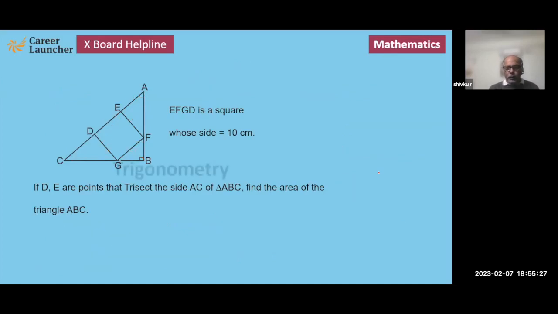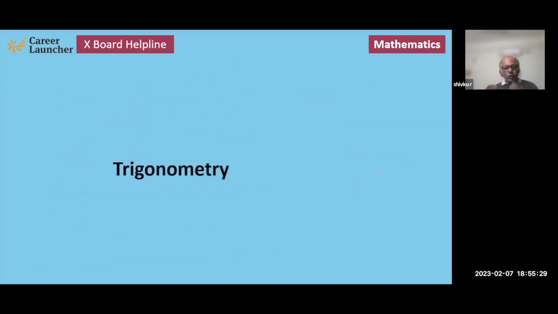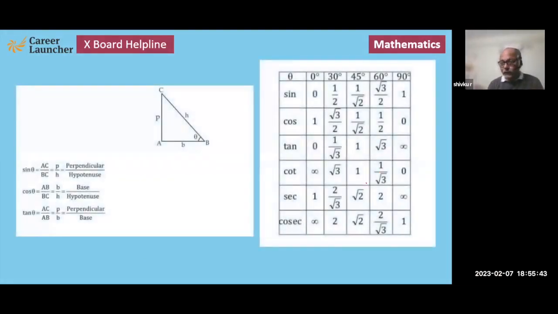तो इसी कॉन्सेप्ट को आगे बढ़ाते हुए अगर हम प्रोसीड करें, there is a very important part of mathematics called trigonometry. तो trigonometry में हमें तीन चीज पता करनी हैं.